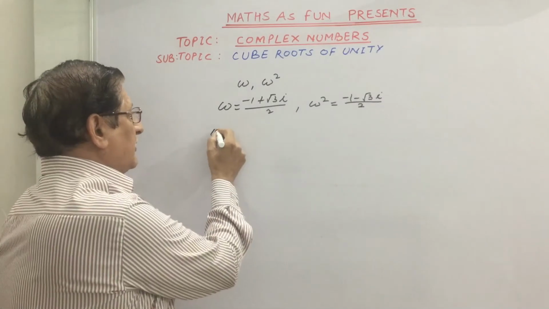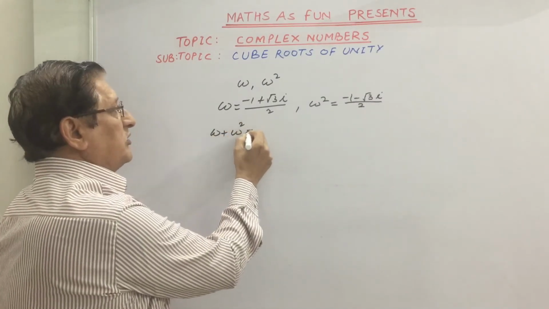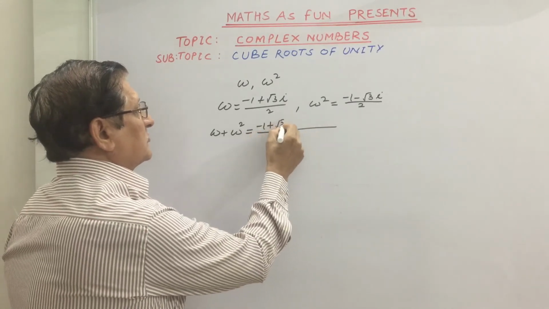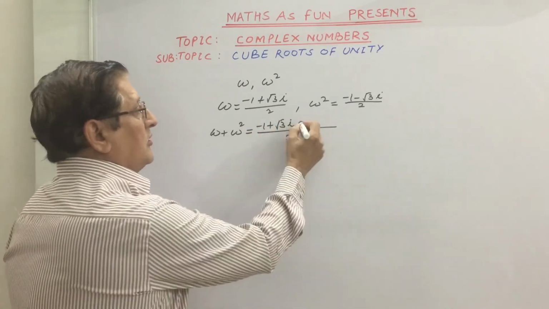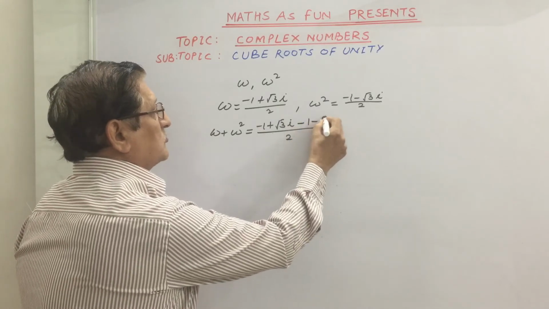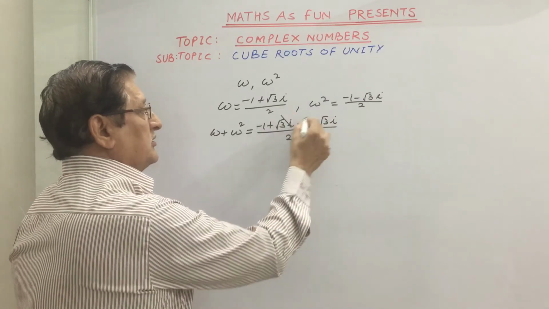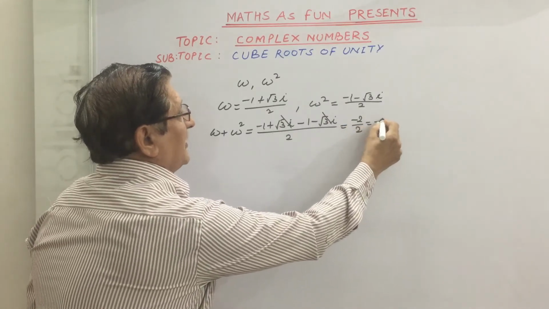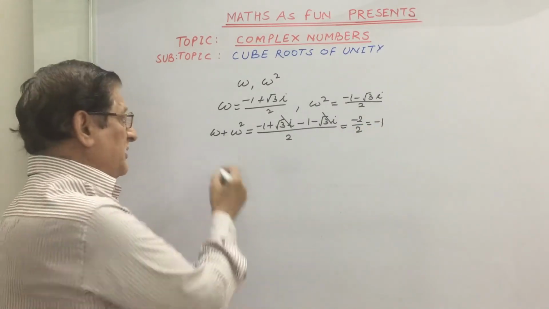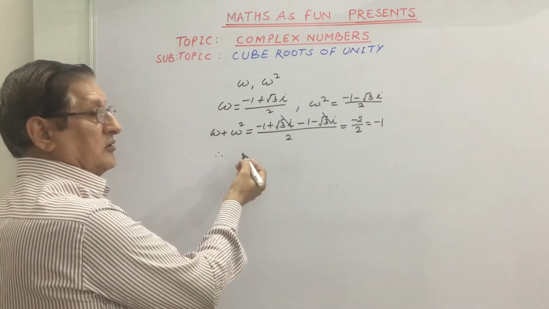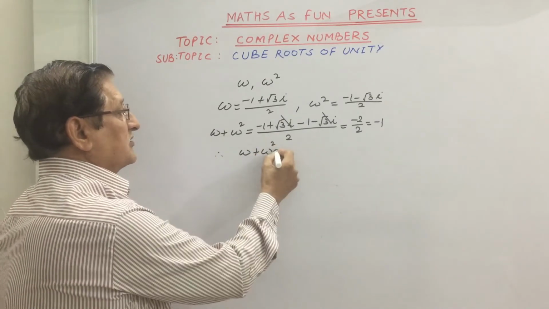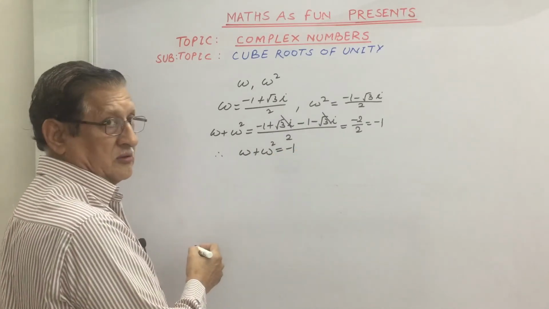If we add omega plus omega square, we find 2 is the LCM, minus 1 plus root 3 iota minus 1 minus root 3 iota. This cancels and we are getting minus 2 upon 2, that is minus 1. It means we can say sum of the complex cube roots of 1, that is omega plus omega square, is equal to minus 1.